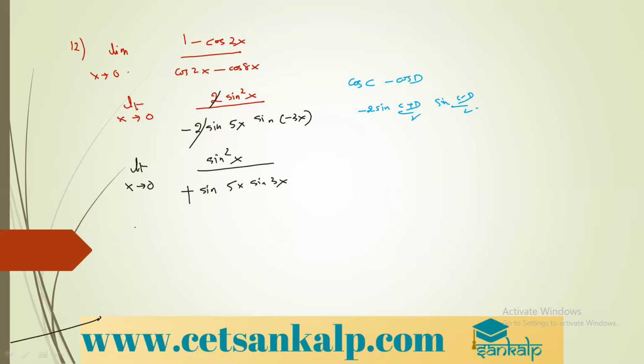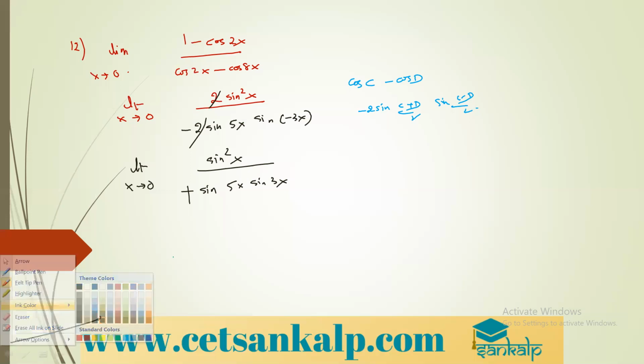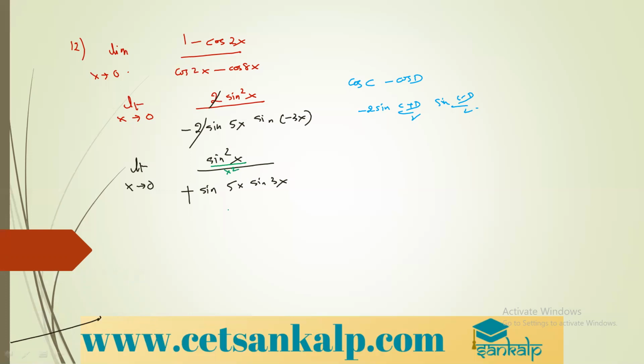Now what I will do is, on the top, I will divide by x square, and on the bottom also I'll divide by x square. Moreover, here I will multiply 5 and divide 5, and I'll multiply 3 and divide 3.